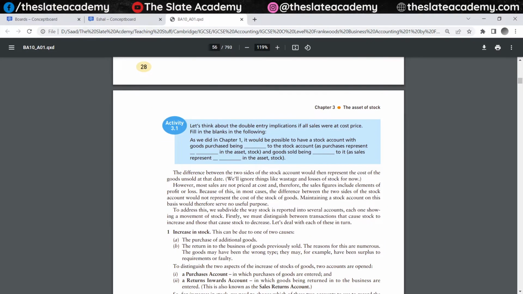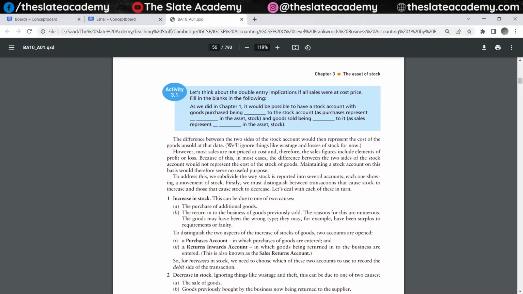So there are a few things that would happen. First of all, when you buy the stock, when you buy the items which you plan to later sell on, this inventory items, all the purchases that you do, you would record them in an account called purchase account.